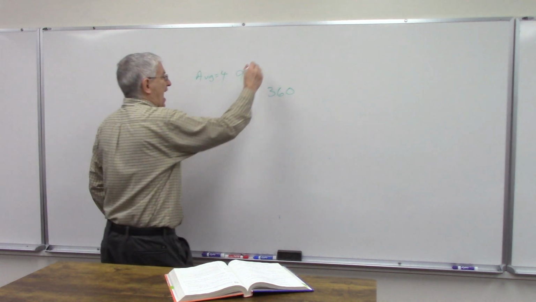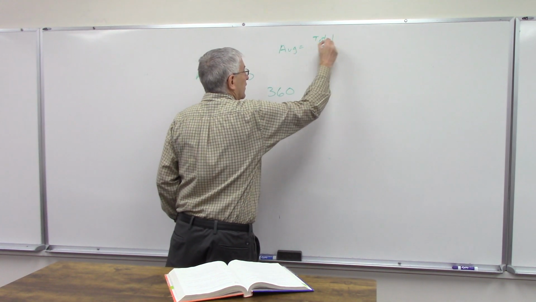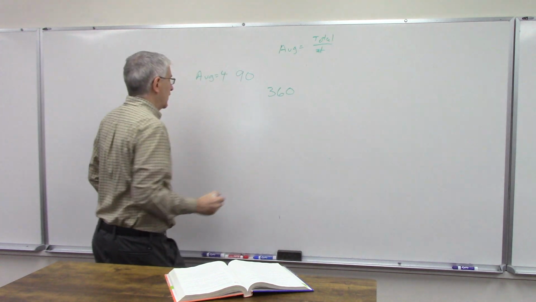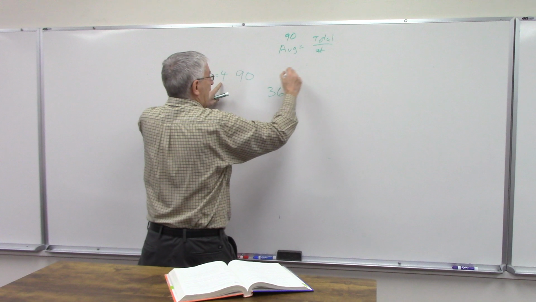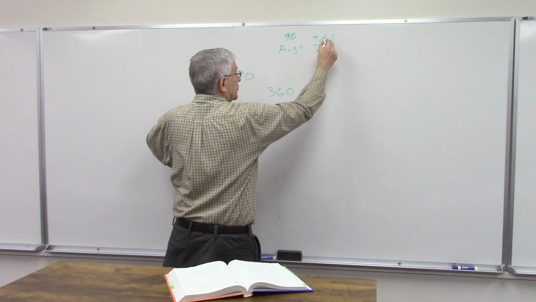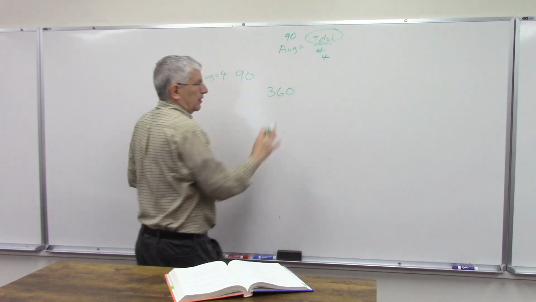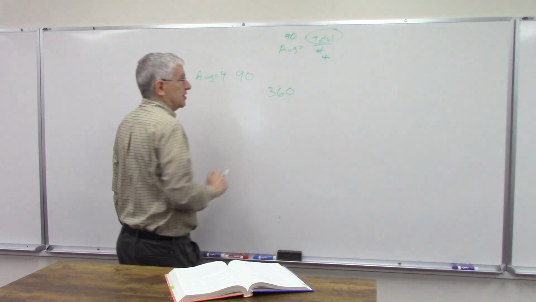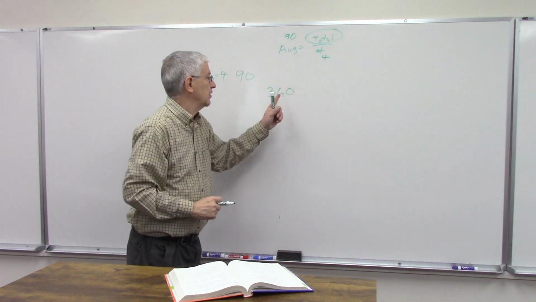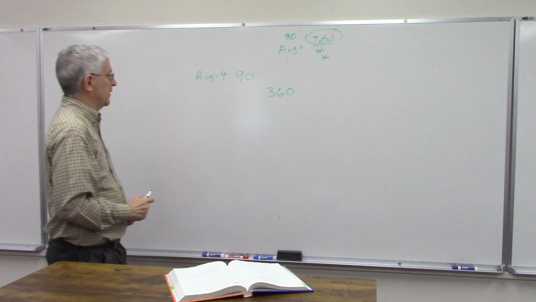Because remember, the average is the total divided by the number. Now they're telling us the average and the number. So to get that total, it's 4 times 90, 360. So that would have been our total.